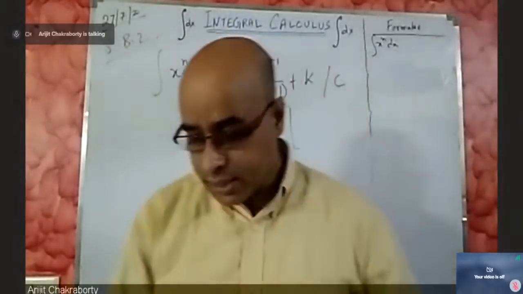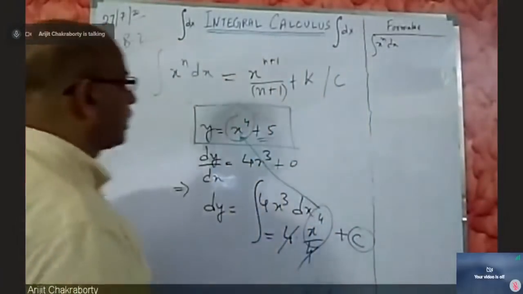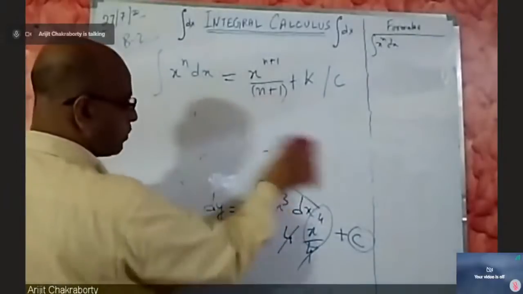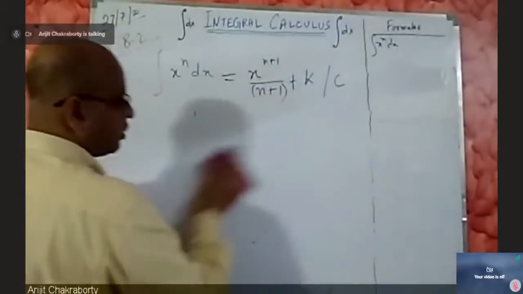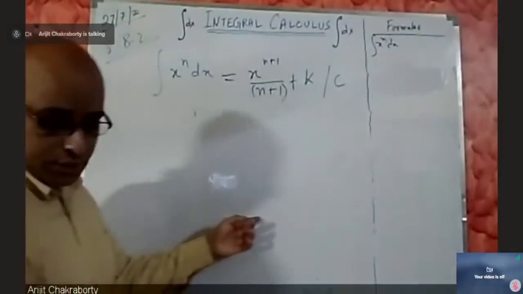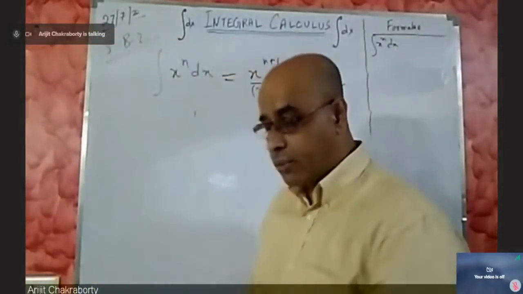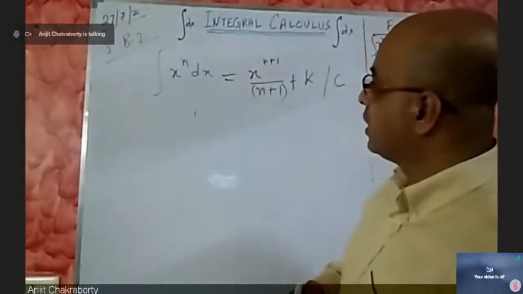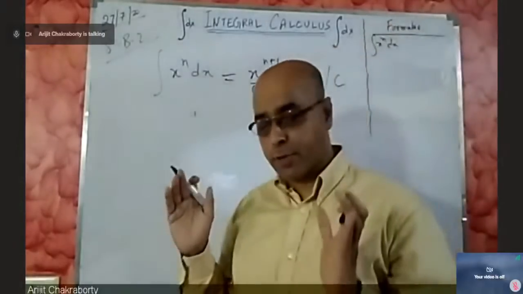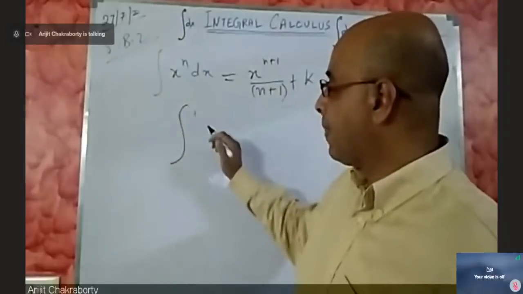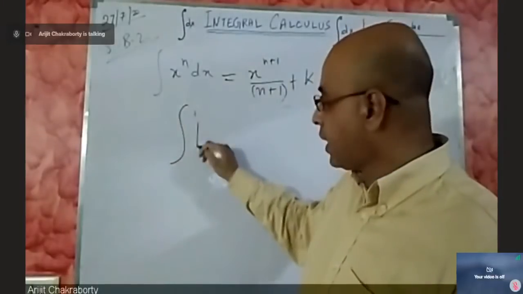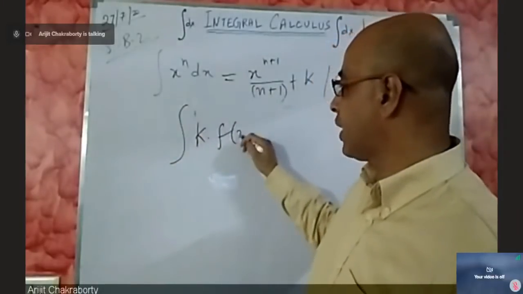Now we go to the next formula. Formula number 2. I've just done this formula using this example. Now the question is, what will happen if the expression is like this? Say k into f(x) dx.